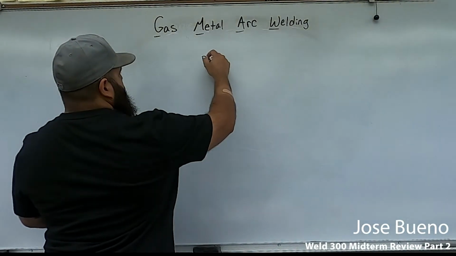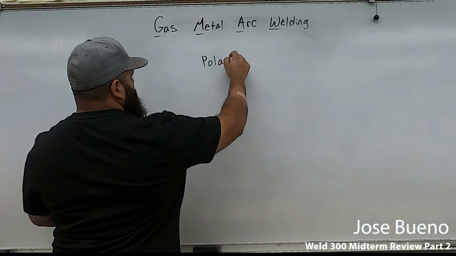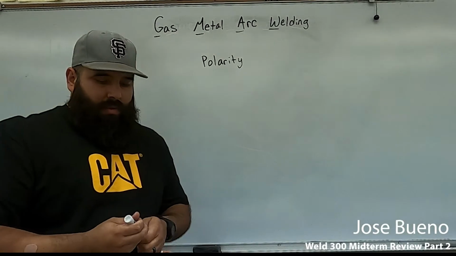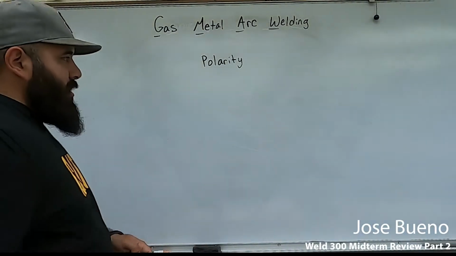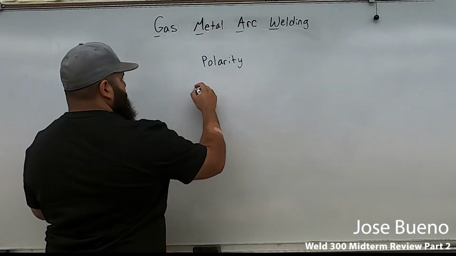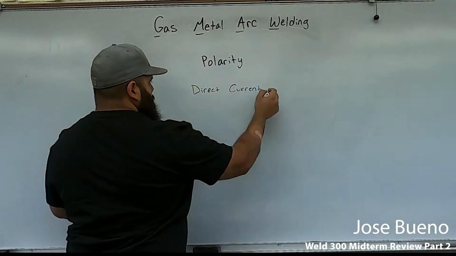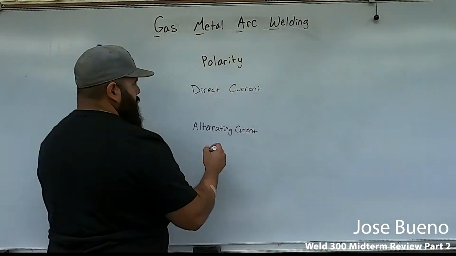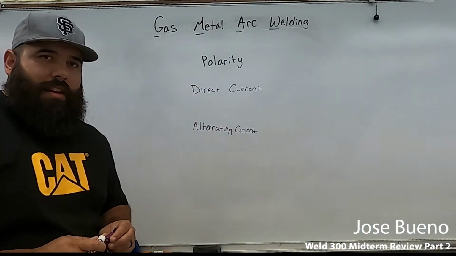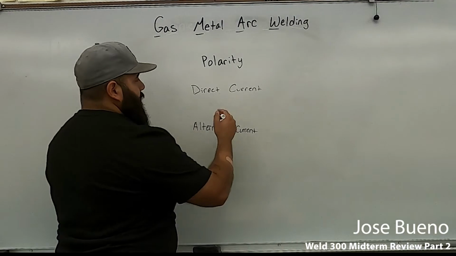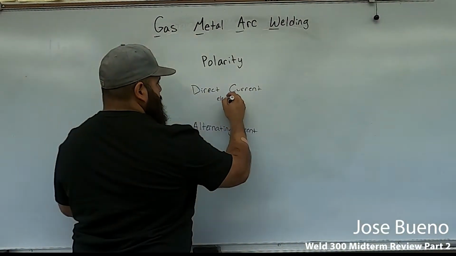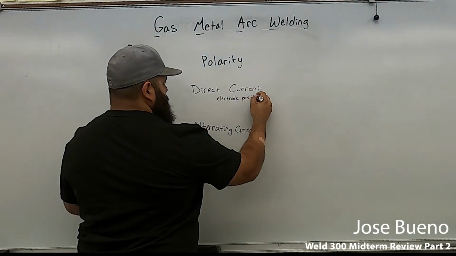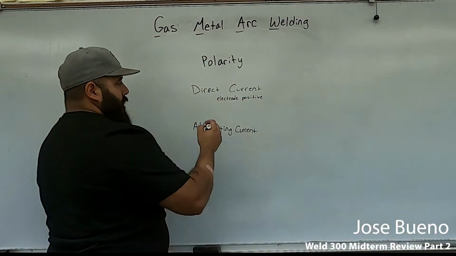Okay, now let's talk about polarity. Thinking back to when we first talked about polarities, we know that there's direct current and there's alternating current. And to break down direct current even further, there's direct current electrode positive and electrode negative.